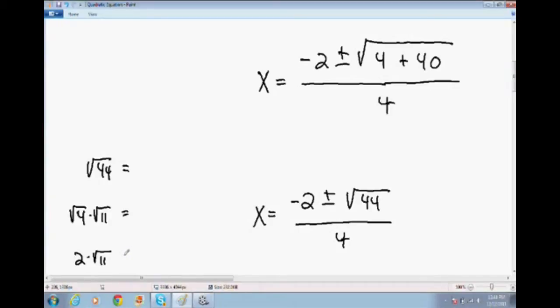So the square root of 44 can be simplified as 2 times the square root of 11. If you don't know how to simplify square roots, I do have a video about that that I highly suggest you watch. I don't want to spend too much time on it because I'm trying to teach the quadratic formula. But you always want to try and simplify as much as possible.